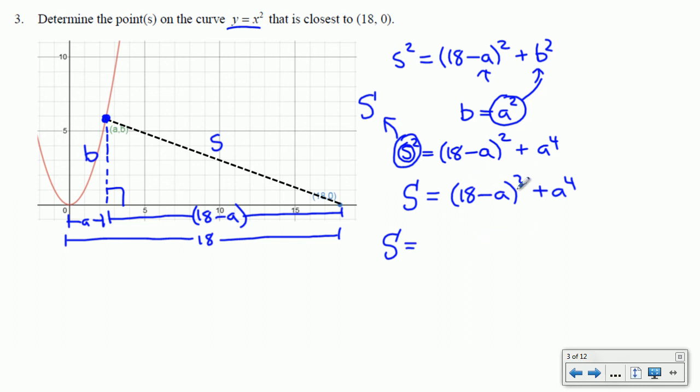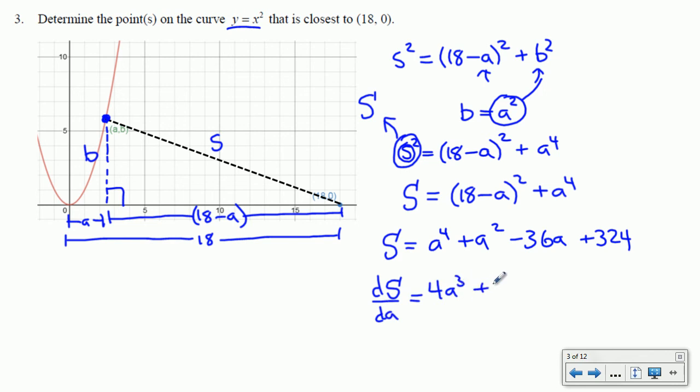So if I expand this and gather like terms, I end up with this, a to the fourth plus a squared minus 36a plus 324. And now I can take the derivative with respect to a. So that'll be 4a cubed plus 2a minus 36.